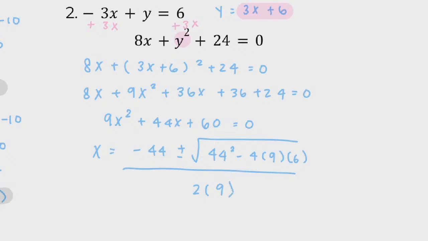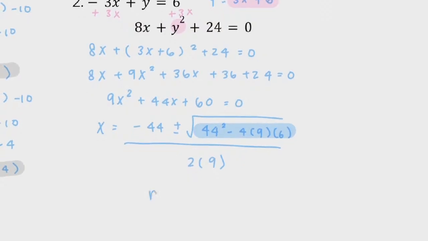And the number inside the square root, this part here, is actually going to be negative. So that means there is no solution. So we won't be dealing with any imaginary numbers. Wait, sorry, just kidding. It's actually not no solution. Okay, so 44 squared is 1936, and 4 times 9.